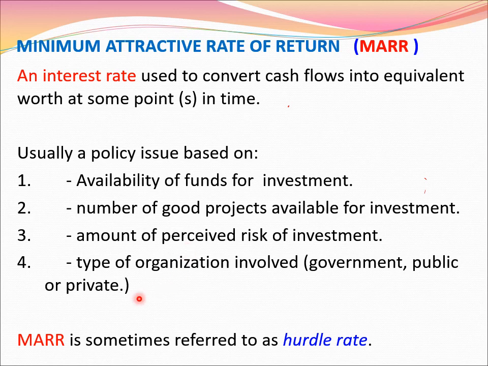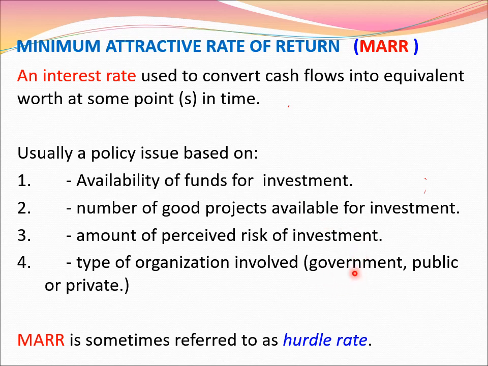And also, this MARR depends on the type of the organization involved, whether it's a governmental organization, a public company, or a private company. The objective of a private company is to make money, so they may look for higher MARR values. But the government is not for making money.